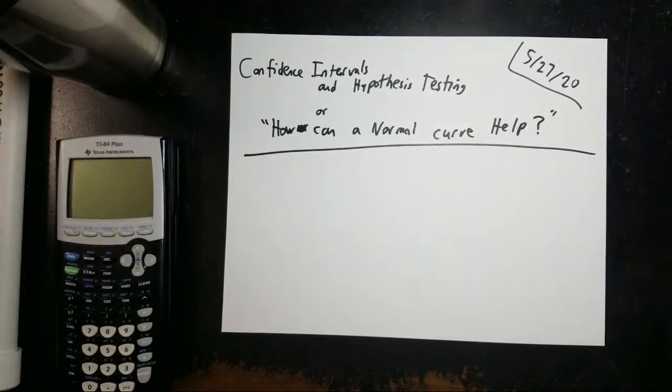So the official title is Confidence Intervals and Hypothesis Testing. But I'm also putting into quotes this idea, how can a normal curve help? And that's what we're mainly going to be focusing on today.